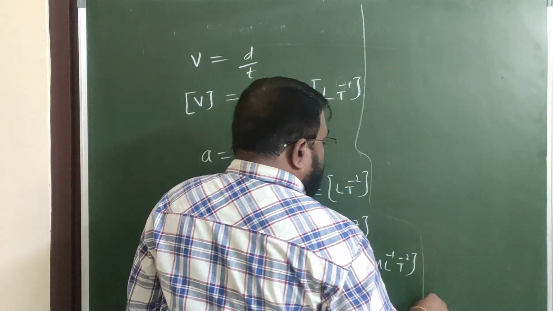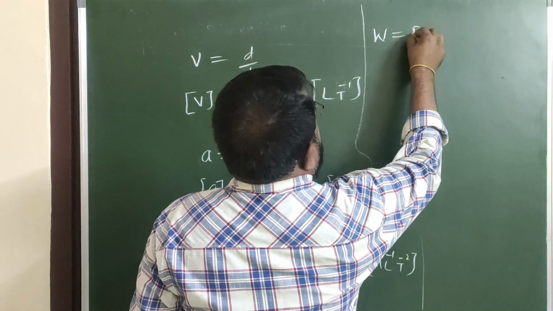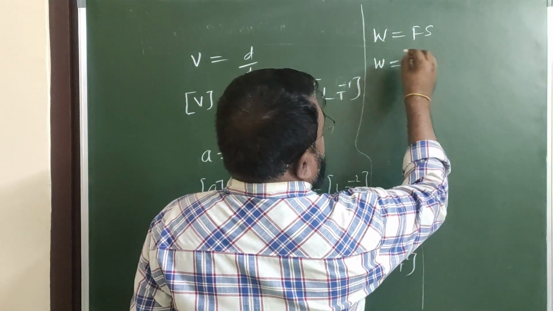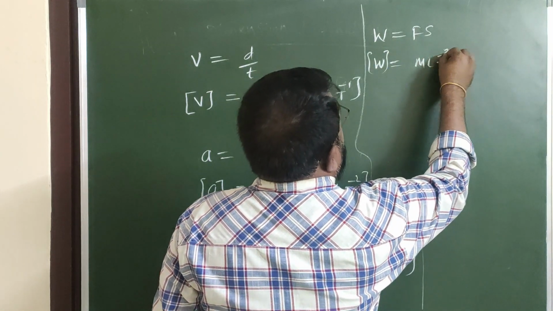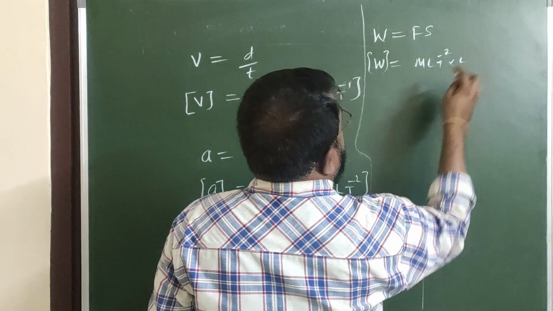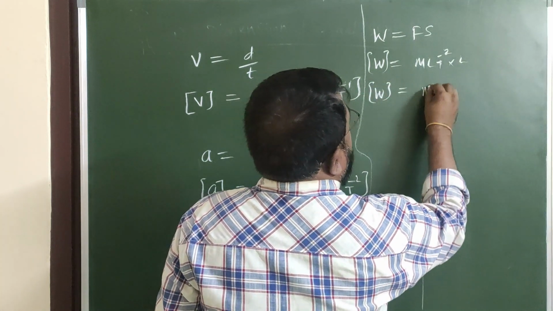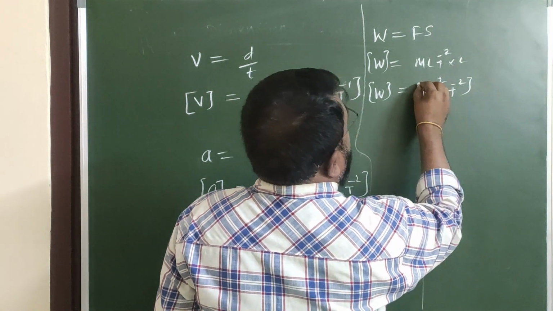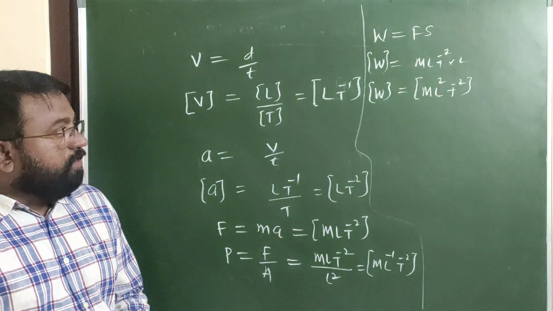Another important thing, next one is work done or energy, that is F into S. Work done is equal to dimensional formula force M L T to the power of minus 2, into length. Therefore, work done or energy is M L square T to the power of minus 2. This is for work.